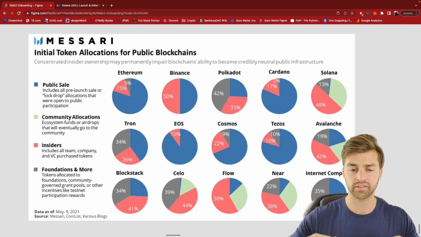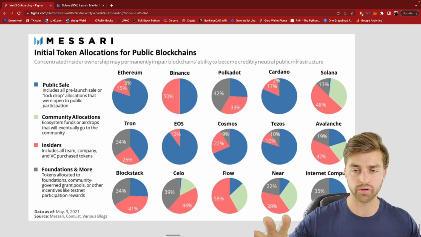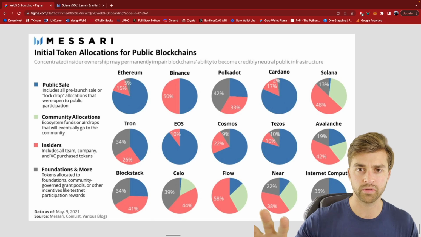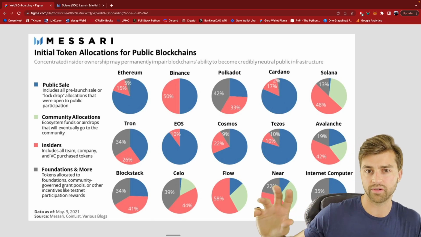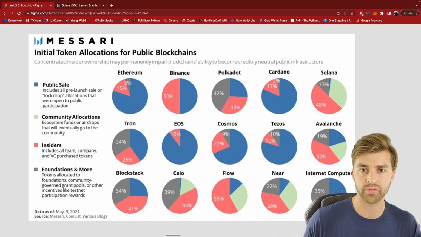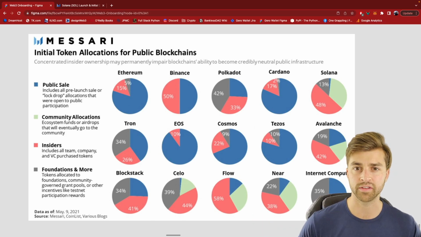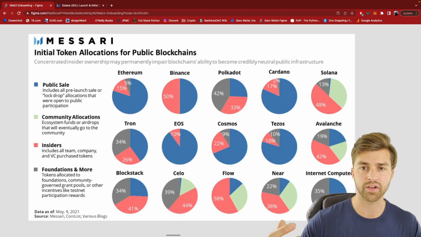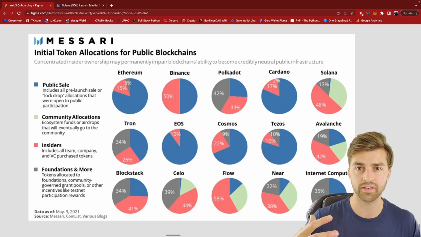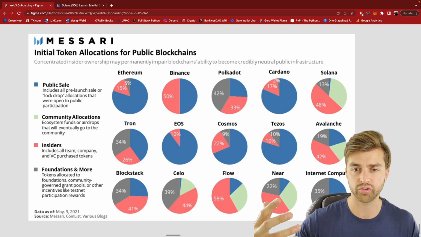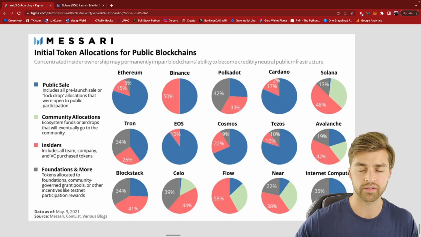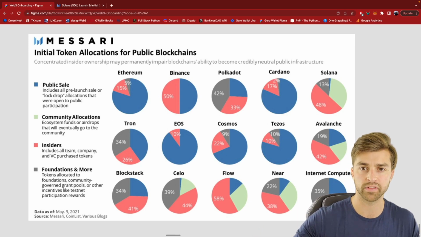So make it a public sale and decentralize the token ownership for as much as possible. And then the last thing in terms of Web3 ethos, something that is controversial now in this ecosystem, is having the token be pre-allocated and large amounts of it sold to big money investors like venture capital firms.